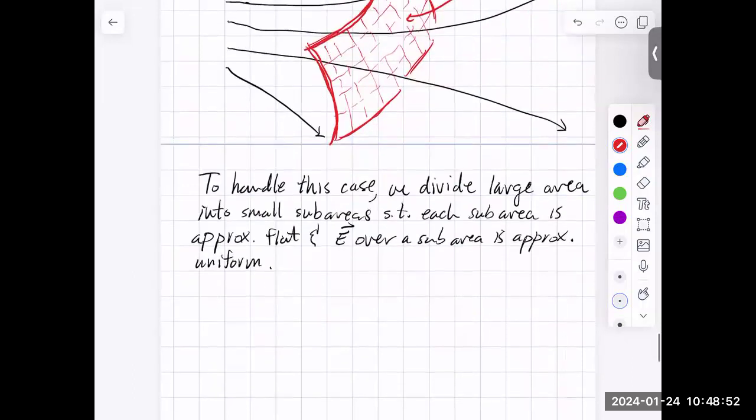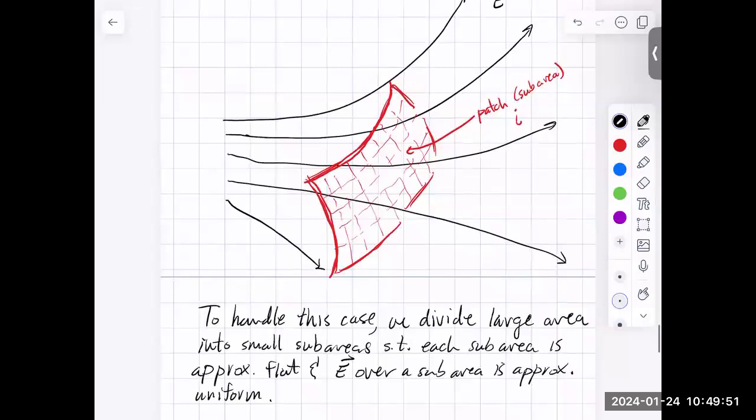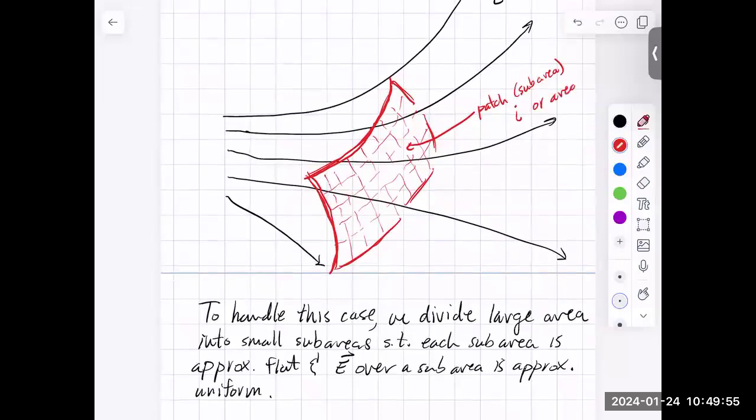And so if we can satisfy the conditions that we said, approximately flat, approximately uniform electric field, then for sub-area I, the flux due to just patch I is going to be the electric field, whatever it is at patch I, times the area at patch I. I'll call it delta A I. So delta A is just a small piece of the total area, times the cosine of the angle that the electric field at I makes with the normal vector of patch of area delta A I. So this is patch I of area, let's say delta A I.